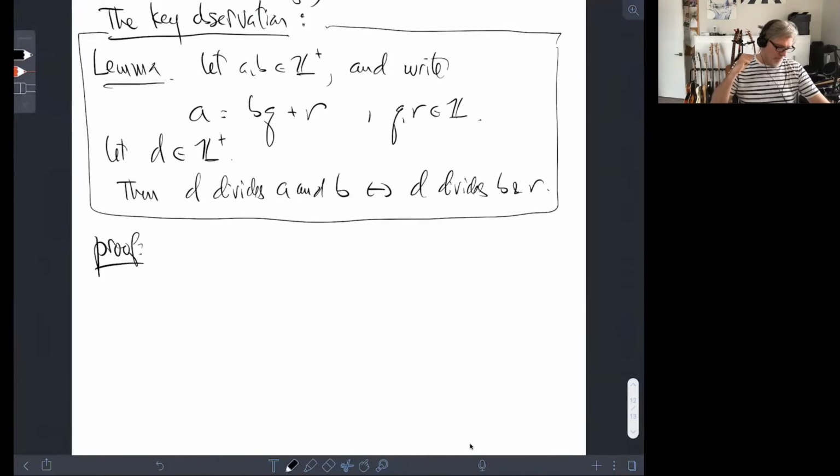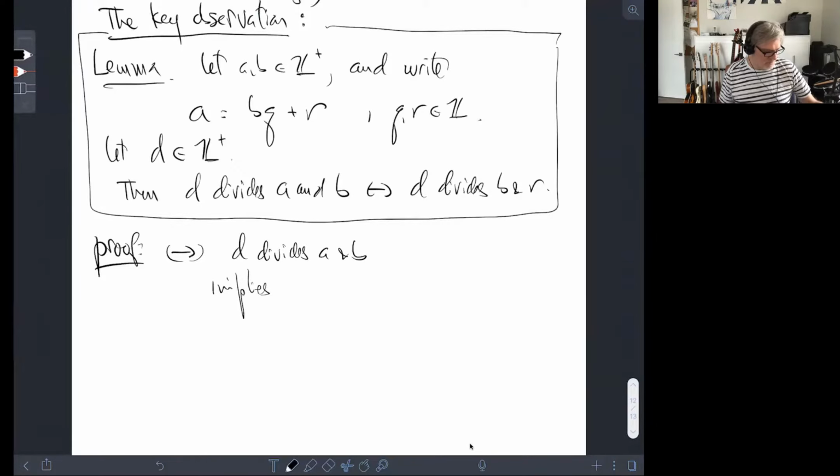So why is this true? Well, let's do this direction. So D divides A and B implies that D divides A minus QB.